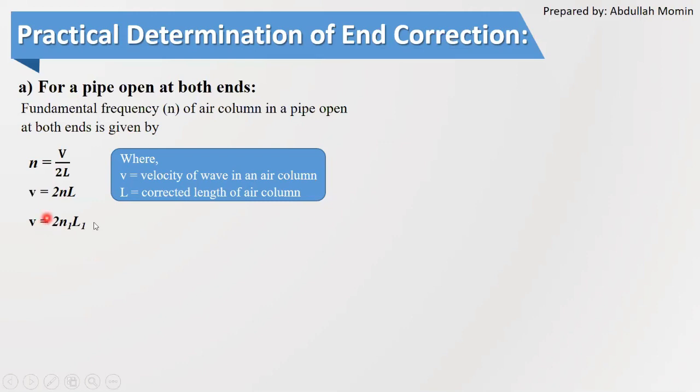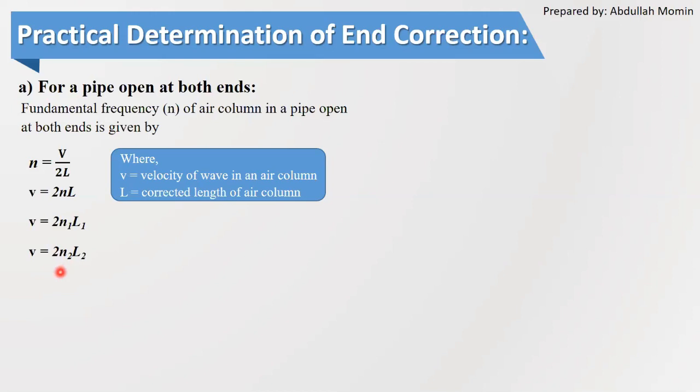Now for the first case, since we are going to take two different pipes which have different lengths but the same diameter, for the first pipe, suppose the fundamental frequency is N1 and L1 is the corrected length.